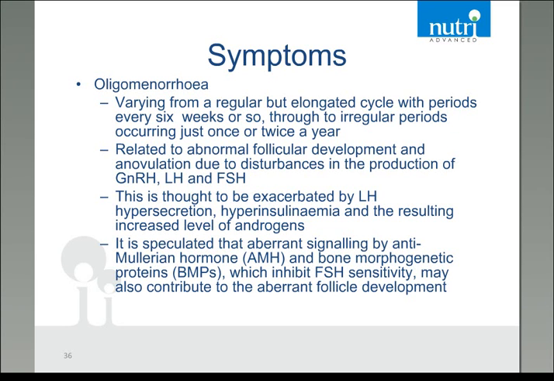This is thought to be exacerbated by luteinizing hormone hypersecretion, hyperinsulinemia, and the resulting increased levels of androgens. It's speculated that aberrant signaling by anti-Mullerian hormone and bone morphogenic proteins, which inhibit follicle-stimulating hormone sensitivity, may also contribute to the aberrant follicle development.